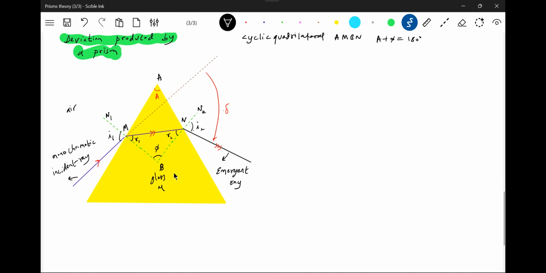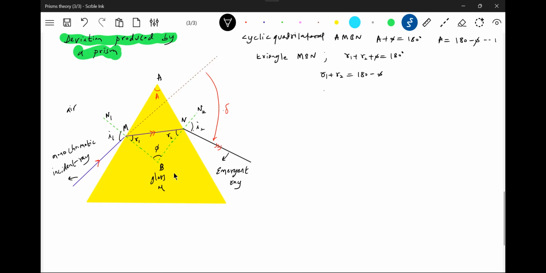In the triangle MBN, R1 plus R2 plus phi equals 180 degrees. Equating these two, A should be equal to 180 minus phi, so R1 plus R2 equals 180 minus phi.